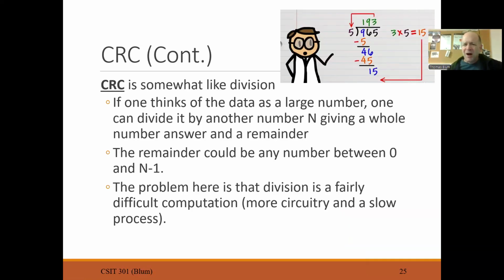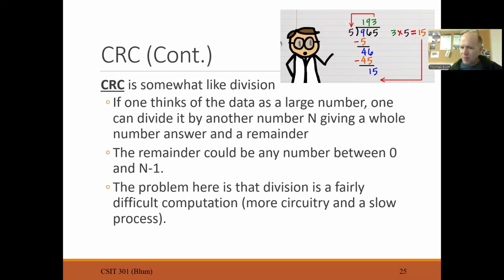So we want some operation. We're going to say that CRC is a bit like division. In some sense, it doesn't matter, it's some operation, but let's imagine it were like division. You would take your data, think of it as some large number, and divide it by something smaller.